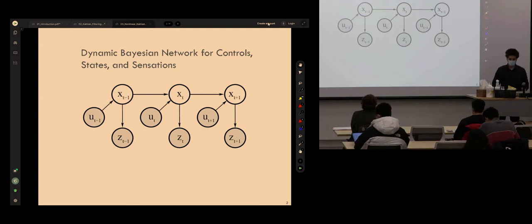So we talked about the dynamic Bayes network as a graphical way to show the causal relationship between variables and how the state X evolves over time. We also pointed out that in a graphical modeling course, you learn these graphs are super useful because we can model conditional independence.